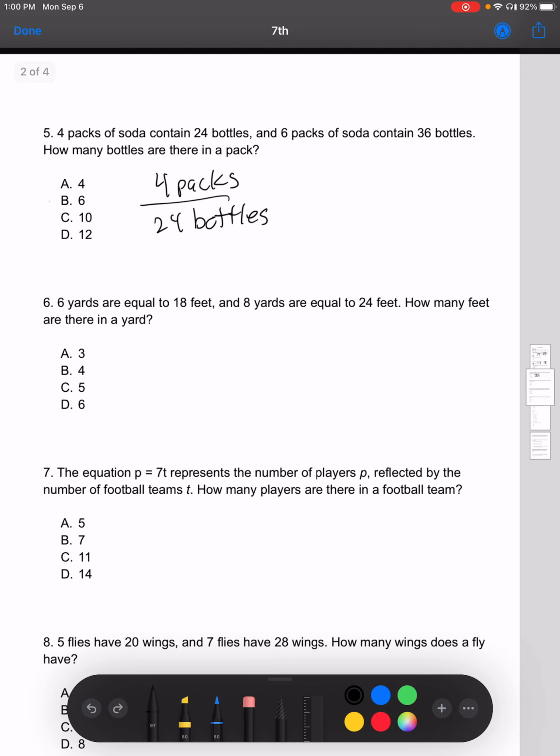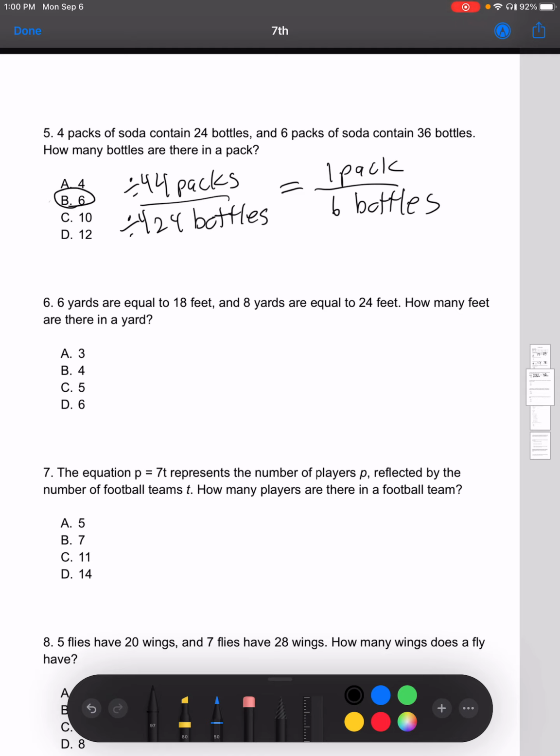Well, again, this is just another proportion. We want to find out how many bottles are in one pack. Again, these are just proportions, so they must be equal to each other. To get from the 4 to the 1, we divide by 4. Therefore, we must divide the bottom by 4. So we get 6 bottles in one pack.